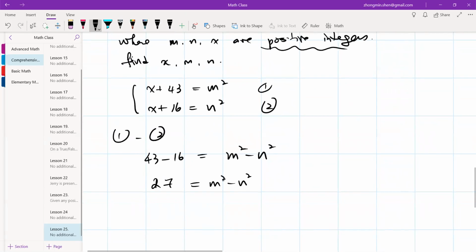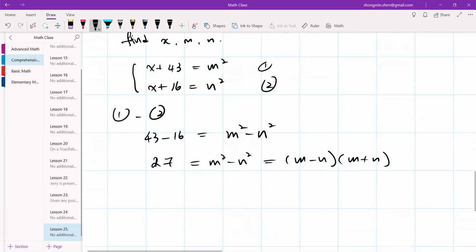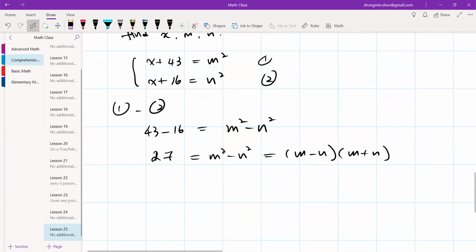When you see m squared minus n squared, you immediately should factor it. So it's a product of two numbers, two integers. 27 can be written as a product of integers in several ways: 1 times 27, or 3 times 9, right?